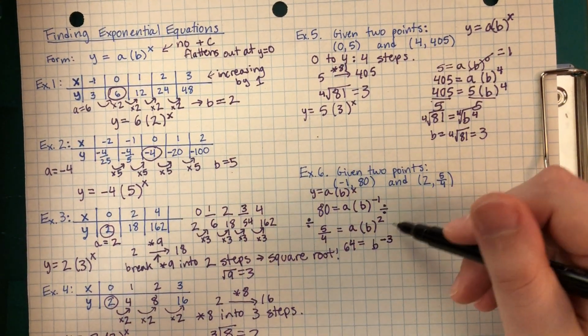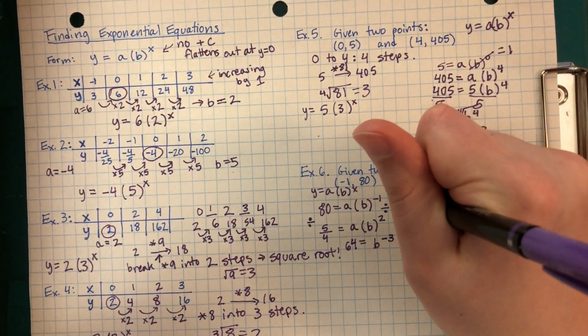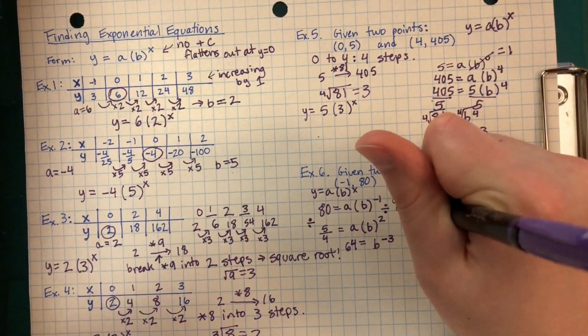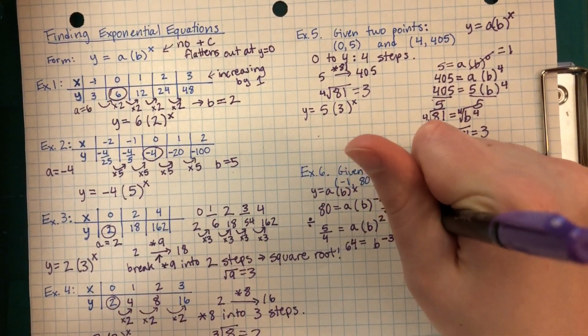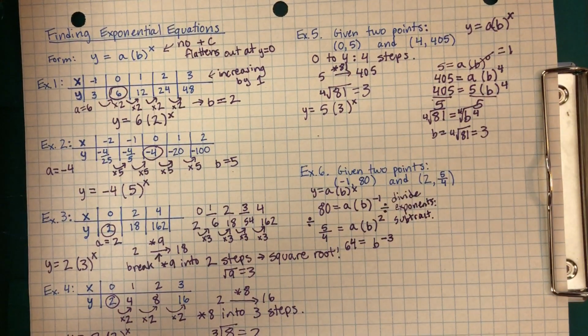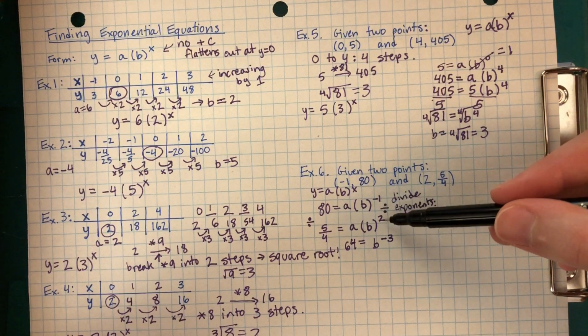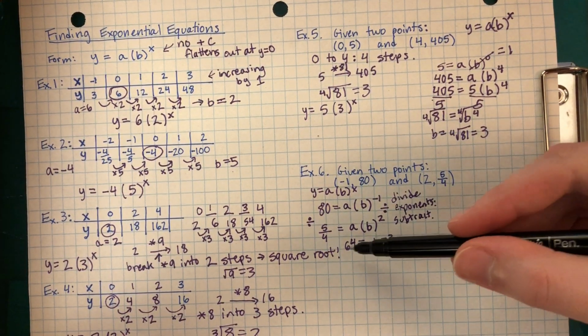Remember, when we divide exponents, that means that we subtract the exponents. So when we're dividing two terms with exponents, we need to subtract: negative 1 minus 2 would make negative 3.